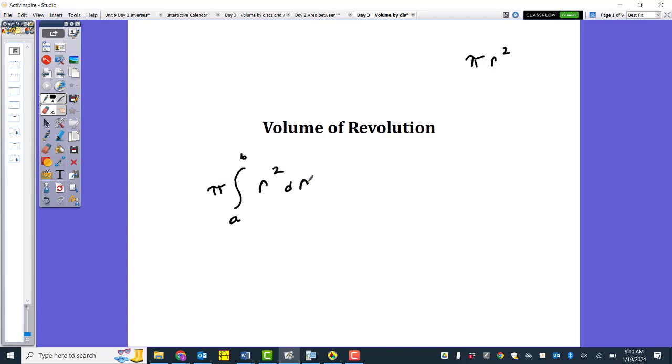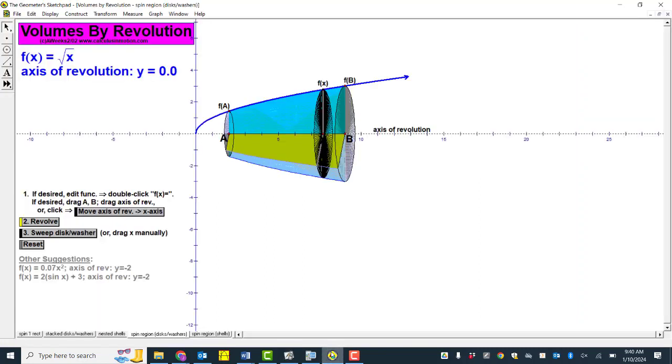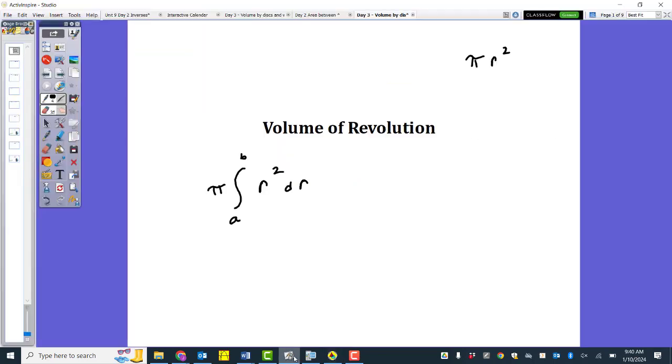Now the question is, what is r? Well, r is not just a single distance. If we look back at that model, r is the distance from the function to the axis. So let's define what r is. We'll say r is the radius of that disk.